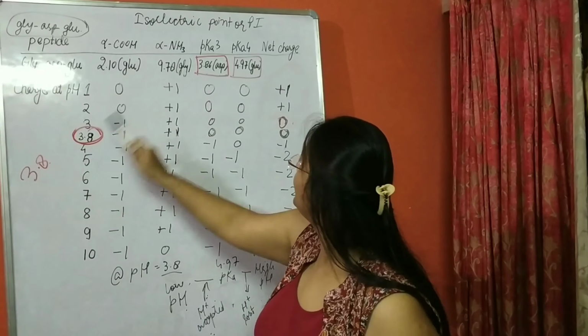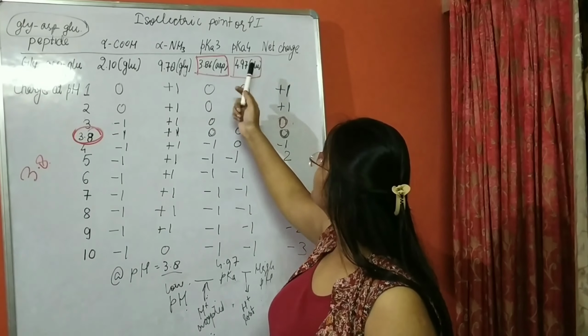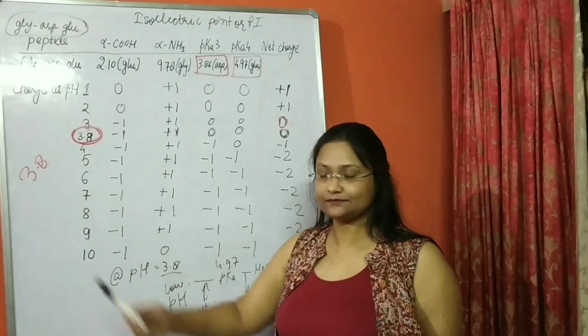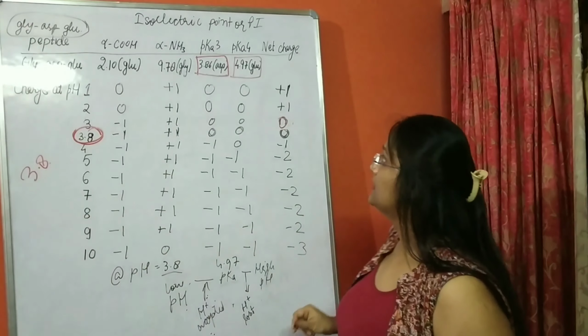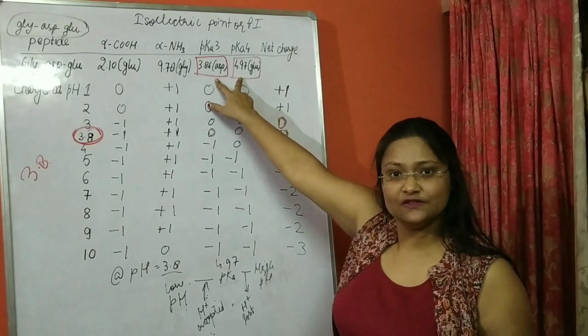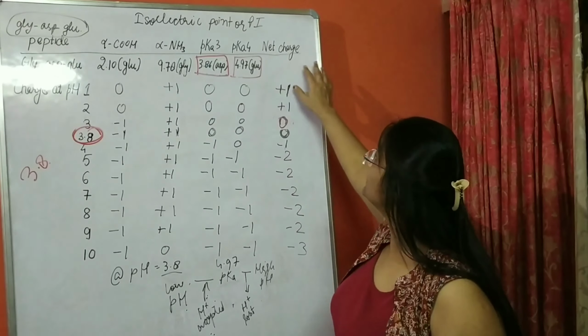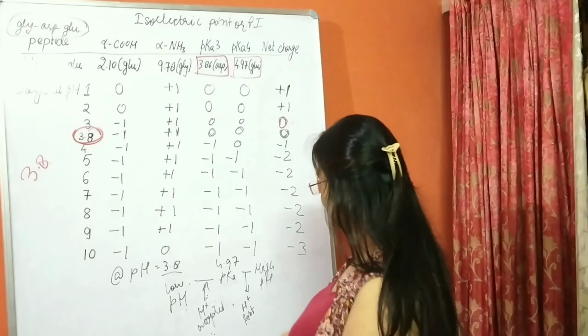So 3.86 is very close, and 4.97 is also close to 3.8. Others are far away. So we will take the average of these two, and that will be the isoelectric point for this polypeptide.